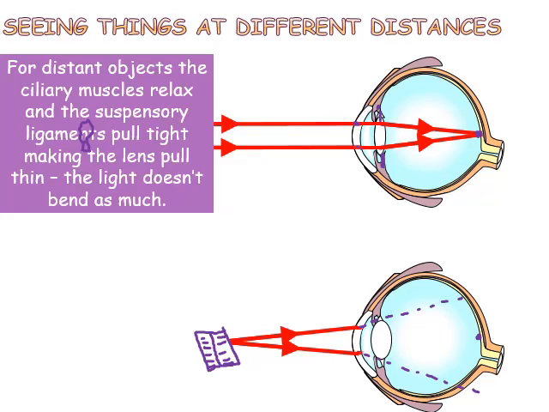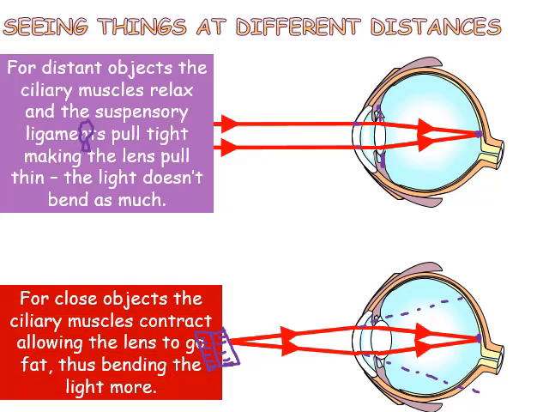to bring it again in focus on the retina. So in that case, again, it refracts at the cornea, and then the fat lens refracts it more and it focuses. Now that's because the ciliary muscles have contracted, and they've come up a bit, so the suspensory ligaments go slack, there.